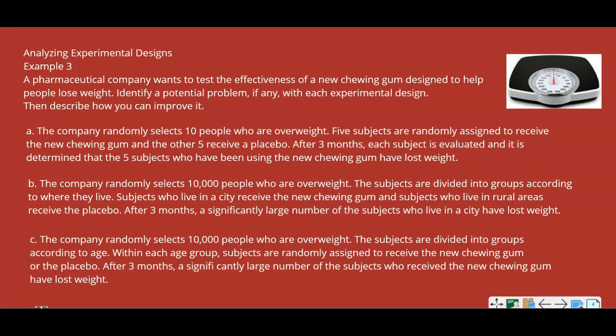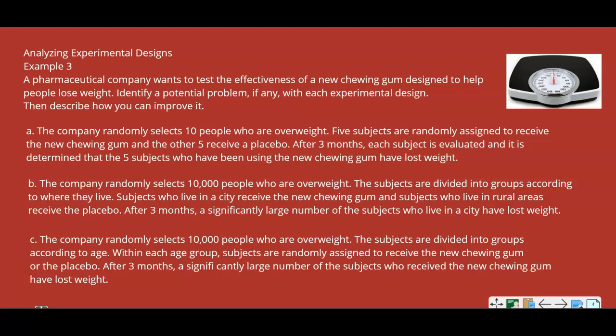All right, so again, we're looking for potential problems in the experimental design. So for this one, 10,000 people, that's a good number, so we don't have to worry about the number that they're randomly selecting. What we do have to look at is that they're divided into two groups according to where they live. Some live in a city and some live in rural areas.